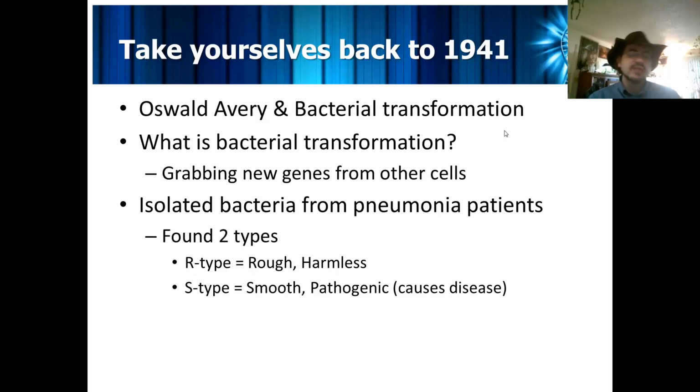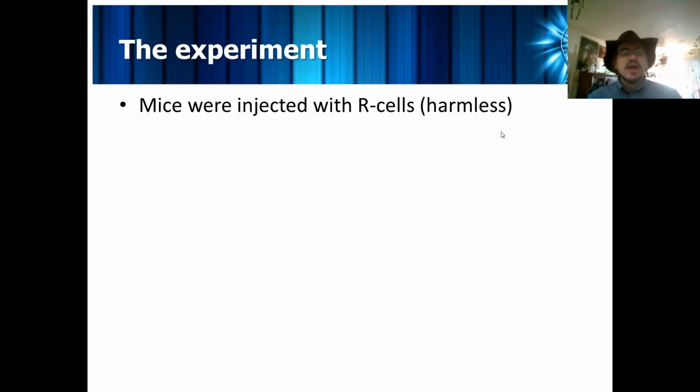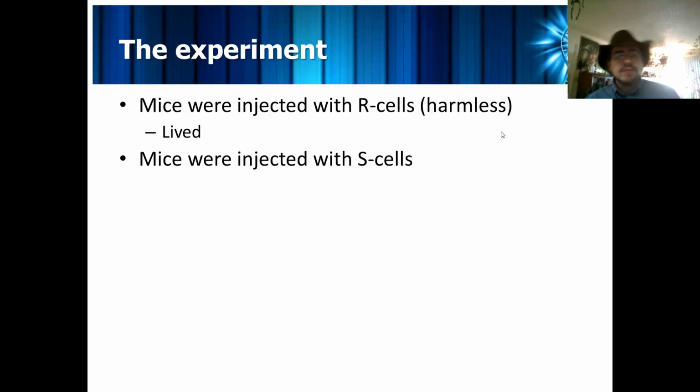In other words, he injected R-type bacteria into mice, and they were just fine and dandy. But when he injected S-type bacteria into mice, hooray, science. Like I said, mice injected with R cells, which were harmless, lived. Mice injected with S cells, which are pathogenic, got pneumonia and died.